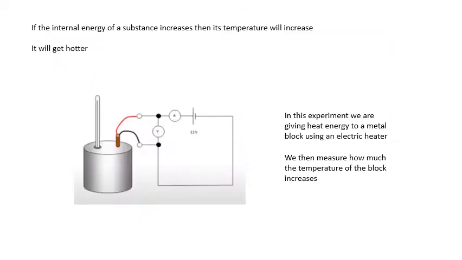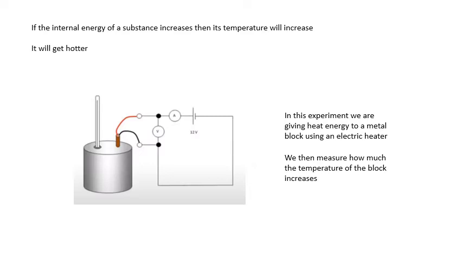If the internal energy of a substance increases, then its temperature will increase. It will get hotter. Okay, this metal block has a thermometer in it measuring its temperature. If we give this block more energy, if we give it heat energy with this electric heater, its internal energy goes up and its temperature will go up.